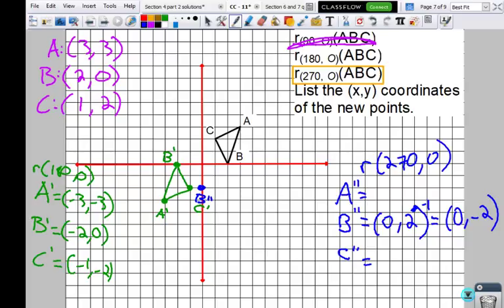So for A, flip x and y around, which on A doesn't change. Multiply y by -1. Your original A is right here, so flip that around, but nothing changes.